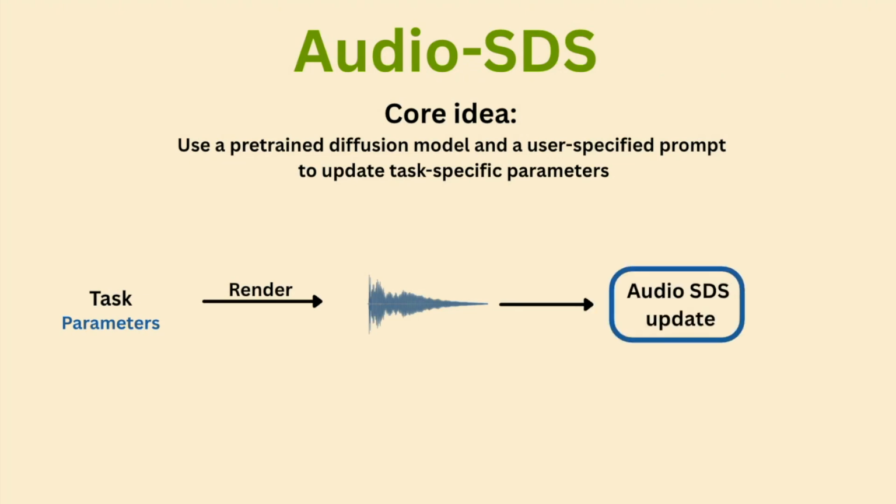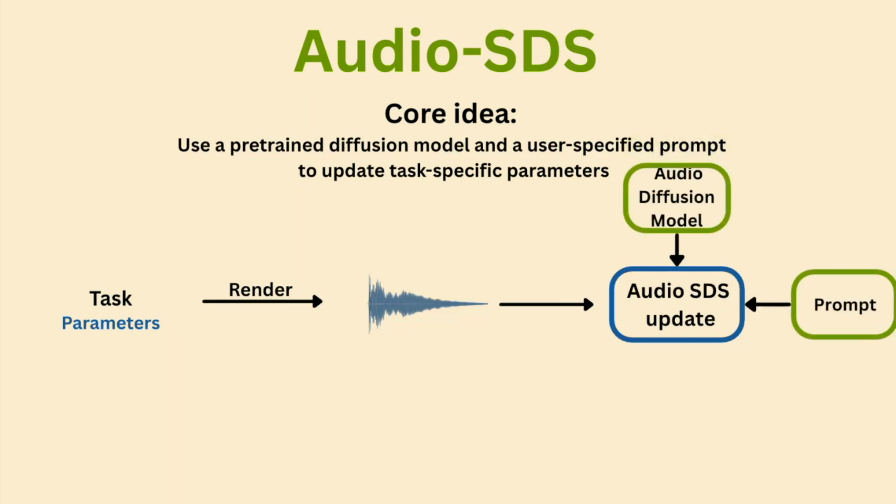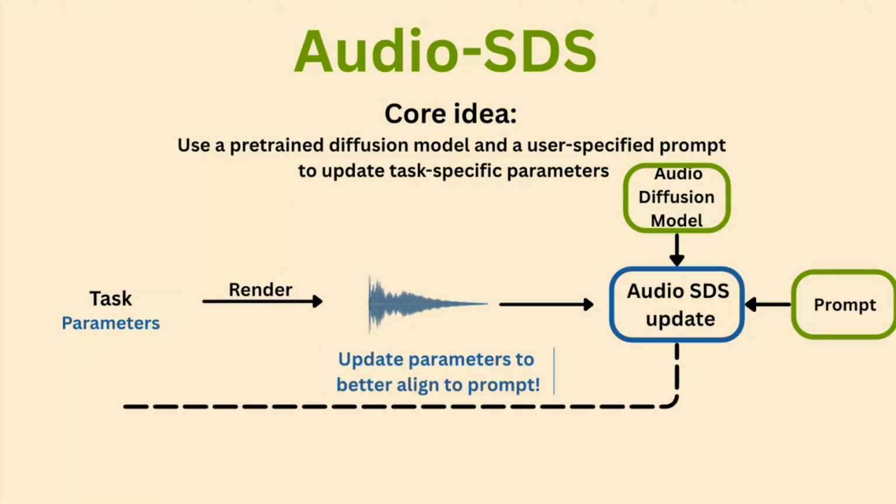But then that output is going to get fed into our Audio-SDS update. And inside this update, it's going to take not only the rendered output, but it's also going to take the diffusion model, and it's also going to take the prompt. And by taking advantage of all these three things together, it's going to generate an update direction that aligns the parameters better with the prompt. So the point is to use the knowledge contained in the diffusion model along with the conditioning of the prompt to update the parameters specific to the task.